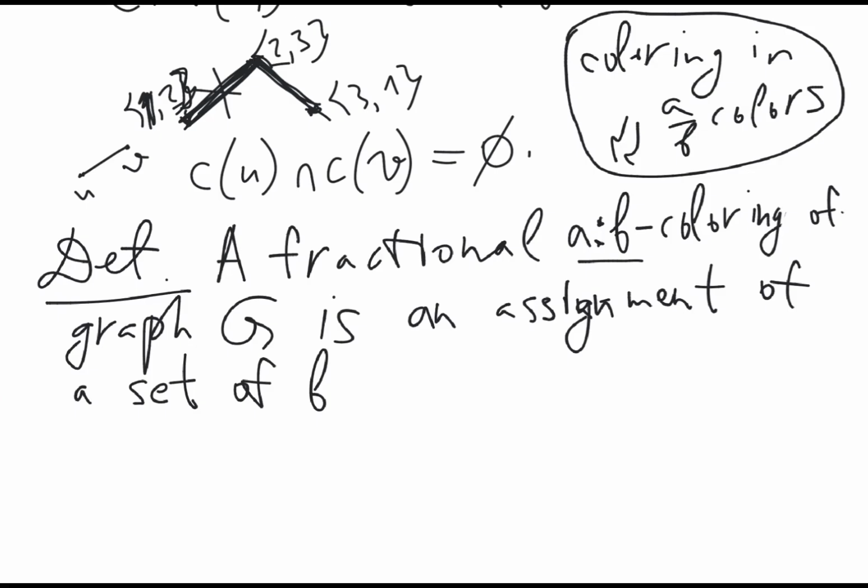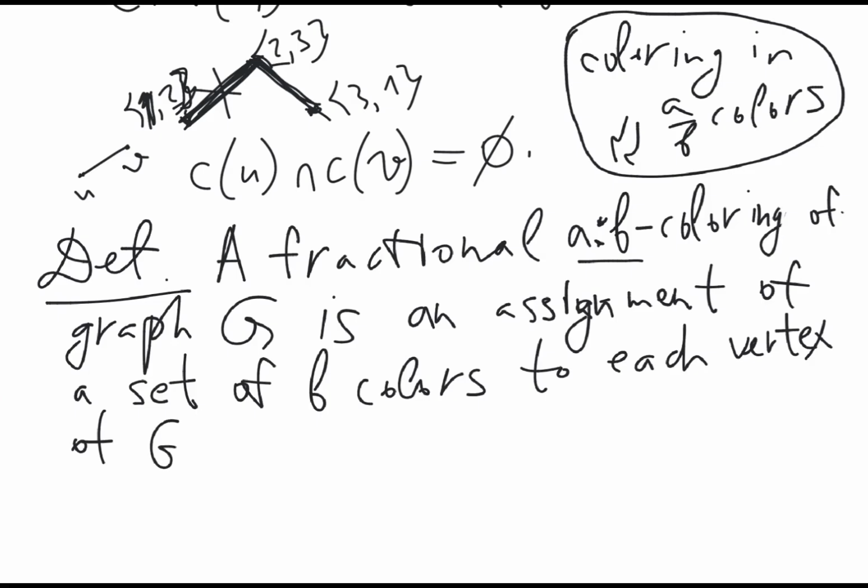So this notation: an a:b coloring of graph G, where a and b are natural numbers, its parameters, is an assignment of a set of b colors to each vertex of graph G. Each vertex receives the same number of colors, b colors, a set of b colors.